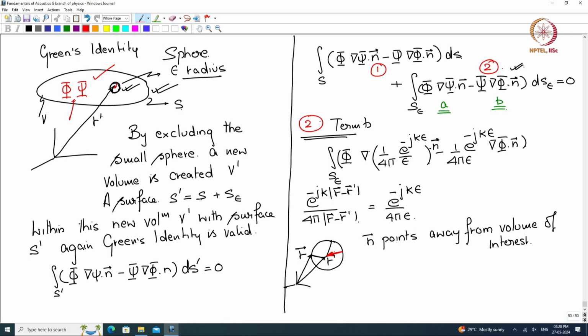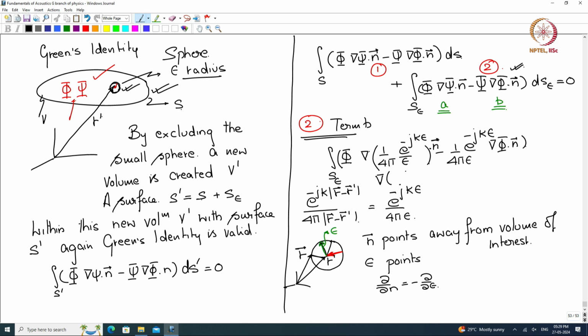Whereas epsilon, the scalar, points from r dash towards r. What that means is that del by del n is equal to minus del by del epsilon.